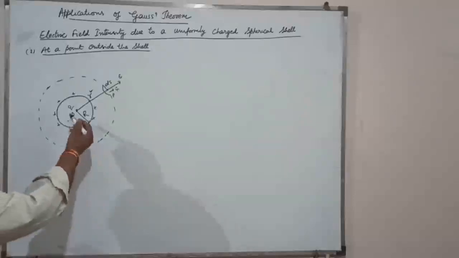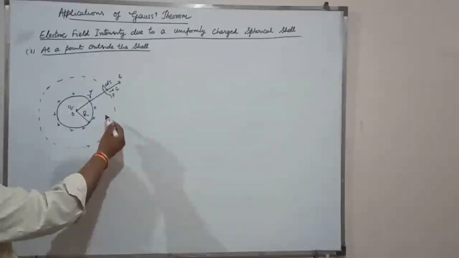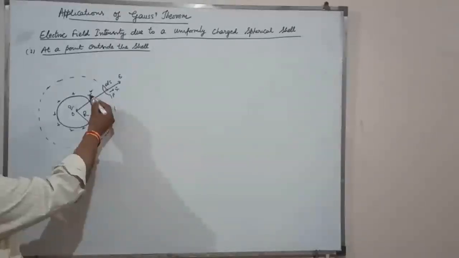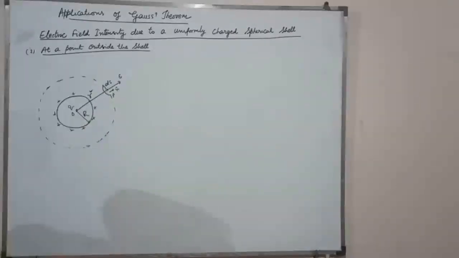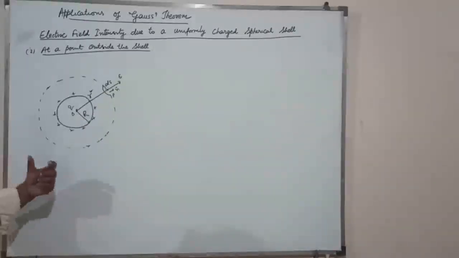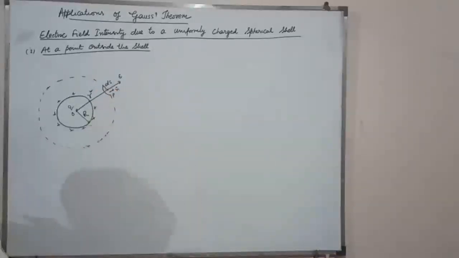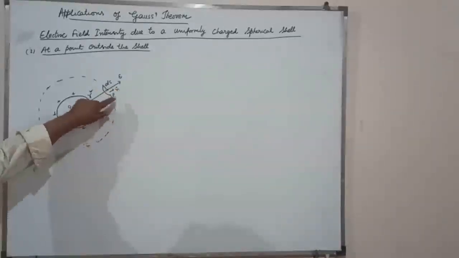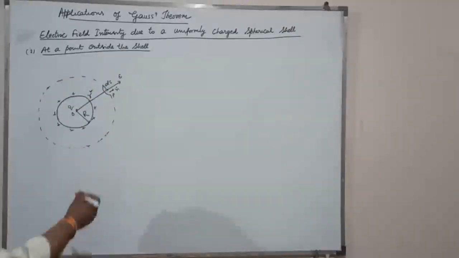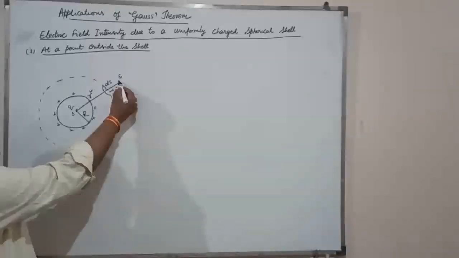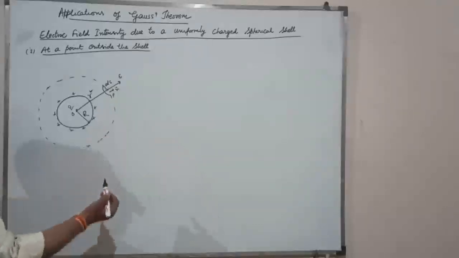Clear? Let us consider a concentric spherical surface of radius r in such a way that point P lies on its surface. Clear? Then consider an infinitesimally small area ds on this Gaussian surface, and the directions of the electric field intensity and area vector are shown in the figure.